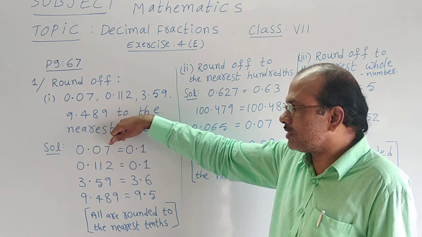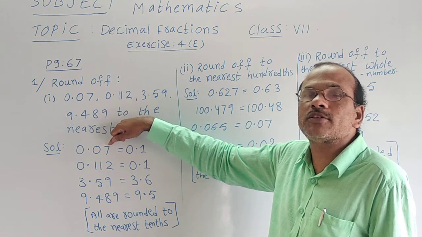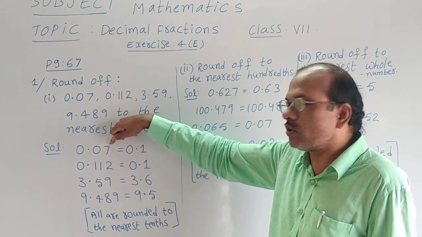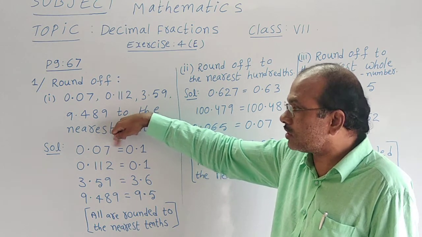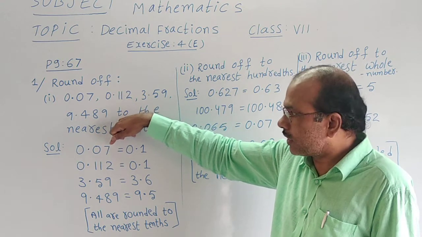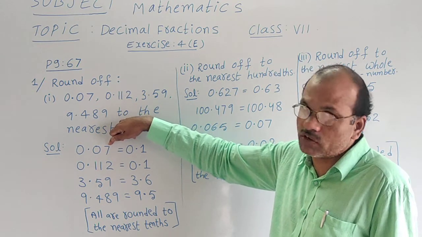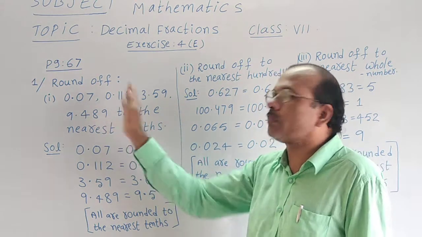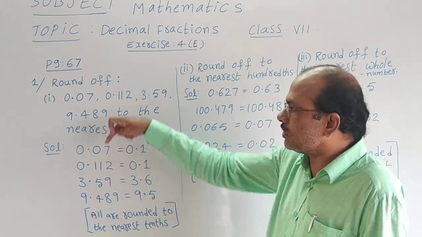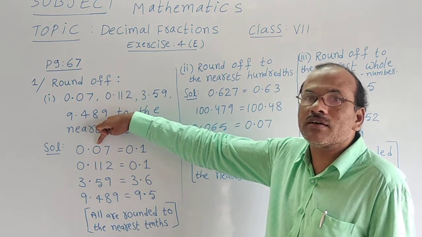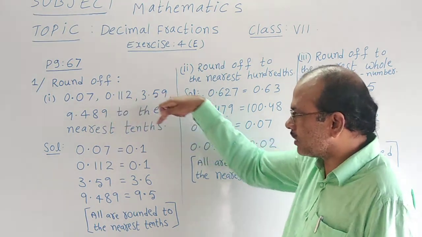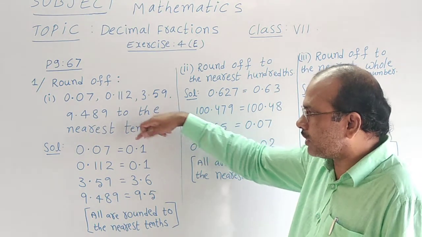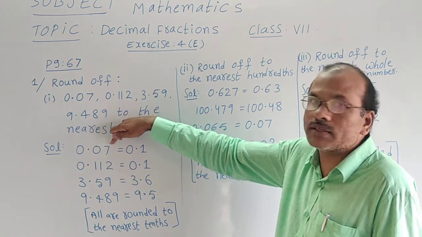So whenever the digit appears as more than 5, then we want to remove this digit because they don't want to see this hundredths place, and this hundredths place digit is more than 5 also. So we can give 1 to the previous digit. Already 0 is there. If we give 1, 0 plus 1 gives you 1. That means this 0 changed to 1 because of the 1 given by this 7.